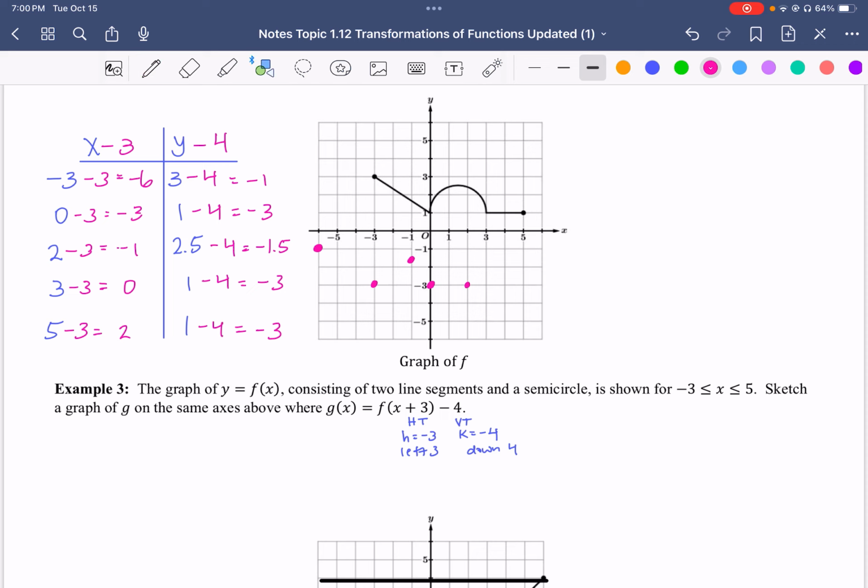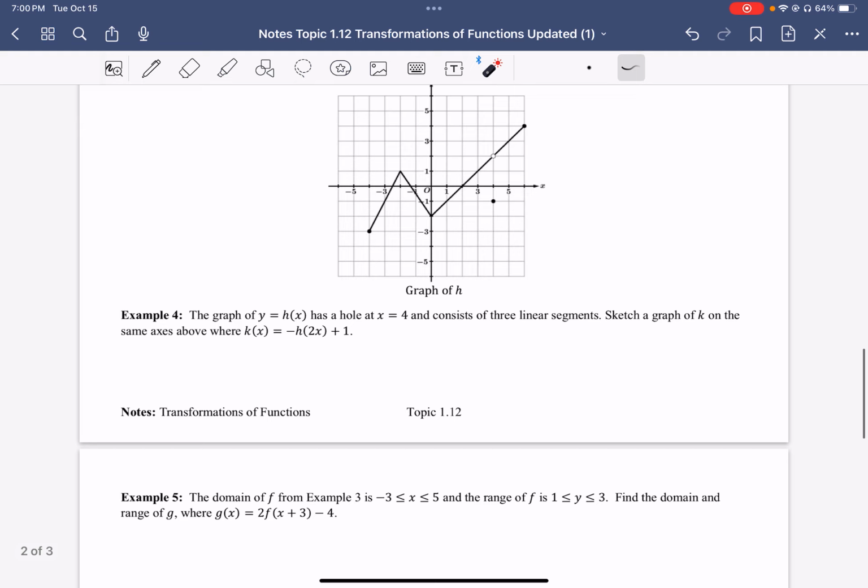Okay, now all that's left is just to connect your points. So I'm going to draw this line here. That looks ugly, hold on. Something like this, and then the little last line segment. Okay, so that is this graph being shifted to the left 3 units and down 4 units.